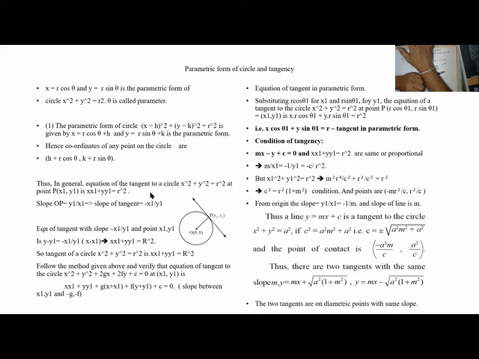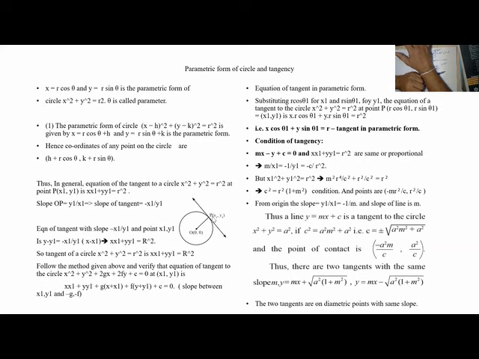Now let us find the tangent of a circle. x square plus y square is r square, with center 0, 0. What is the tangent? You simply replace the square terms: one of the x is replaced by x1. All conics, parabola and hyperbola come later, follow the rule that one of x goes into the point x1, y1.